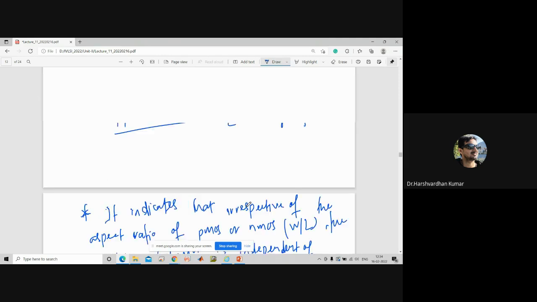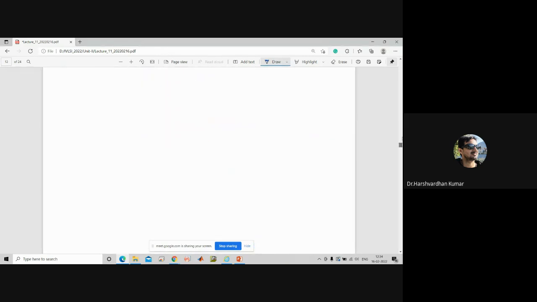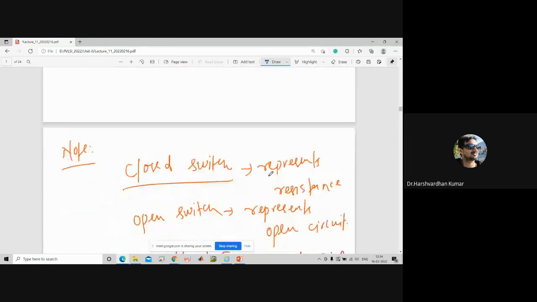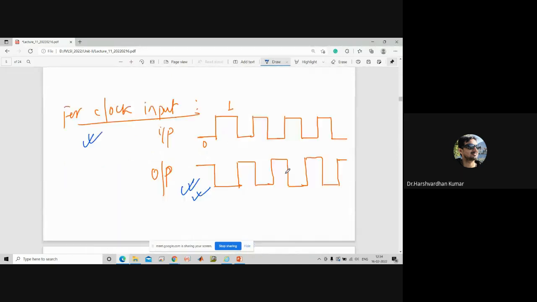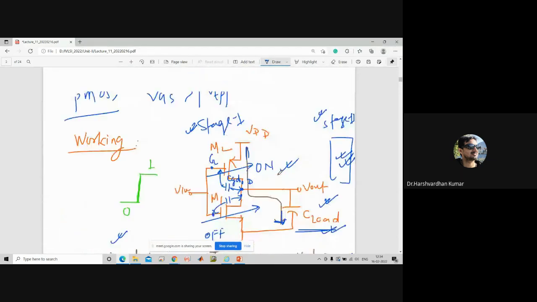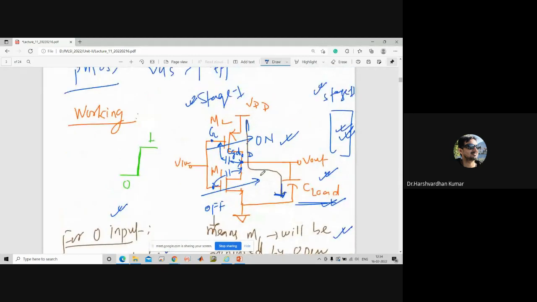It means that if you see the circuit diagram or device structure here, this one, and the device is operating in static mode, and if you change the aspect ratio of PMOS, then in that case you will still get the same logic at the output.